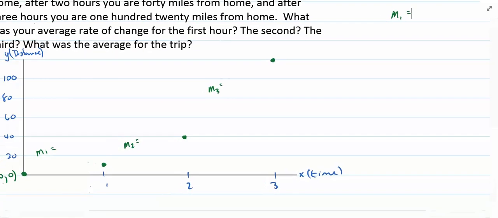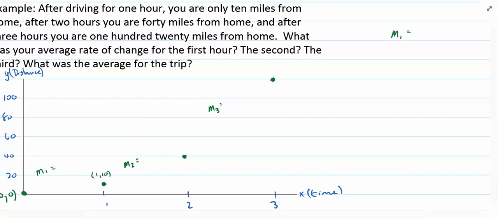M1 would be this coordinate, which was 1, 10, compared to the original coordinate, 0, 0. So x2 and y2 will be used first. So y2 was 10, and x2 was 1. y1 was 0, and x1 was 0 as well.